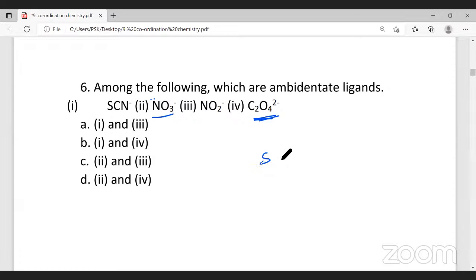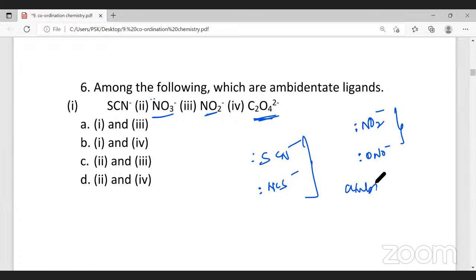But when we take SCN minus, sulfur can donate electrons, or you can have NCS minus, where nitrogen can donate a pair of electrons. Therefore, thiocyanato and isothiocyanato, so these will behave like an ambidentate ligand. Likewise, NO2 minus: nitrogen can behave like a donor, or oxygen can donate a pair of electrons. So both of these are ambidentate ligands.